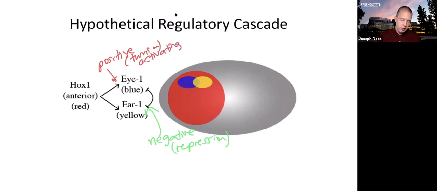In other words, HOX1 activates I1, HOX1 activates EAR1, but those two proteins repress each other. So in a cell, if there's more EAR1 protein, it will act to turn off expression of I1. In other words, perhaps this EAR1 protein is itself a transcription factor, and maybe so is I1.